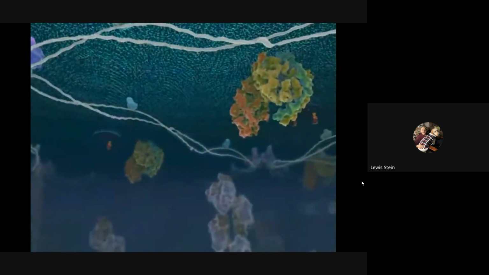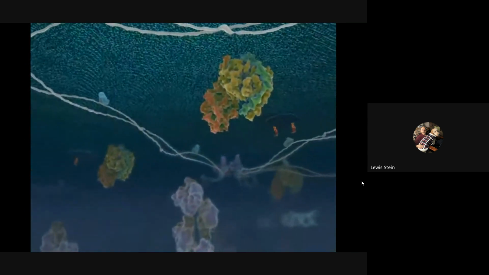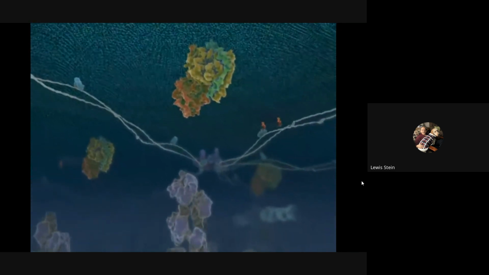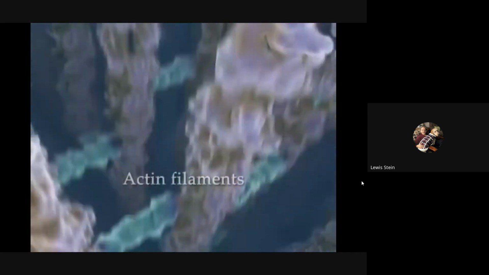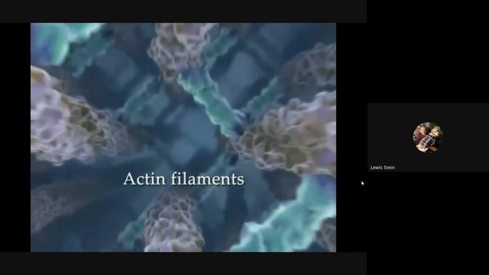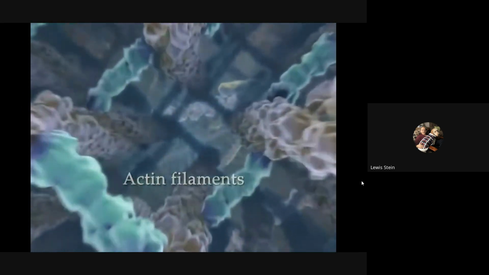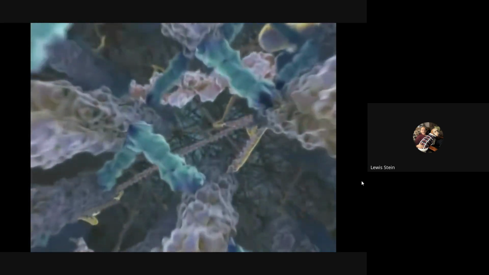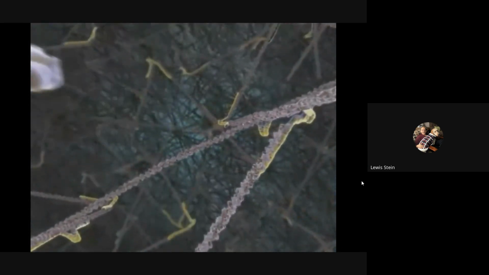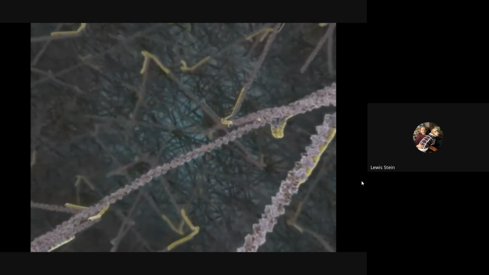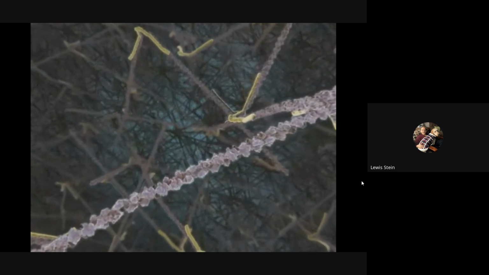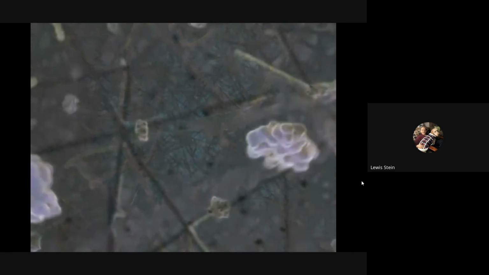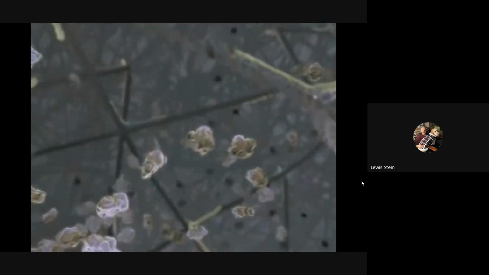That's like the undersurface. This is assembling and disassembling a film.